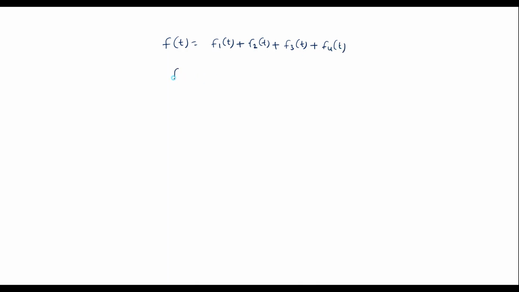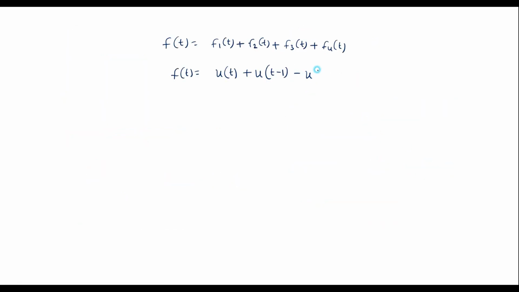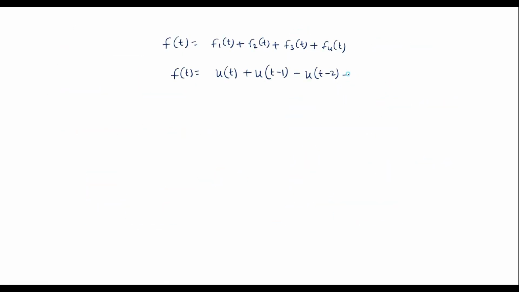Or I can write f of t is equal to u of t plus u of t minus 1 minus u of t minus 2 minus u of t minus 3. So this is the f of t signal.